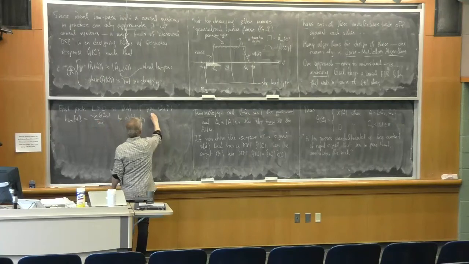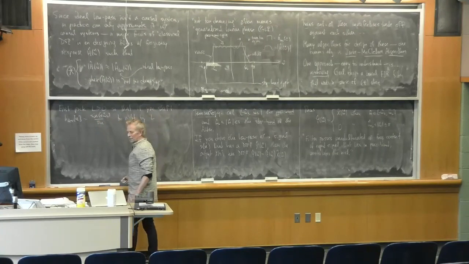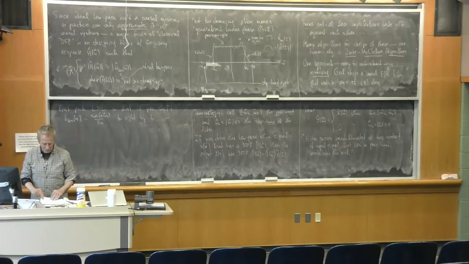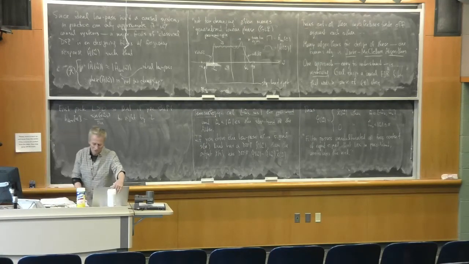by L. Wait, I don't want to do this wrong. I want to do this right. What happens when I do this discussion is I swap the roles of L and N sometimes, so I want to make sure I don't do that here. You'll pardon me if I have a look at my laptop. Oh, that's not good.